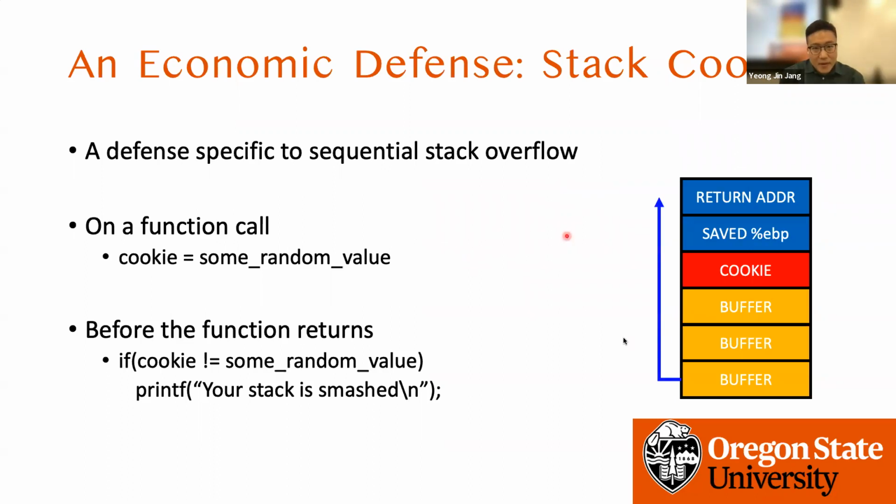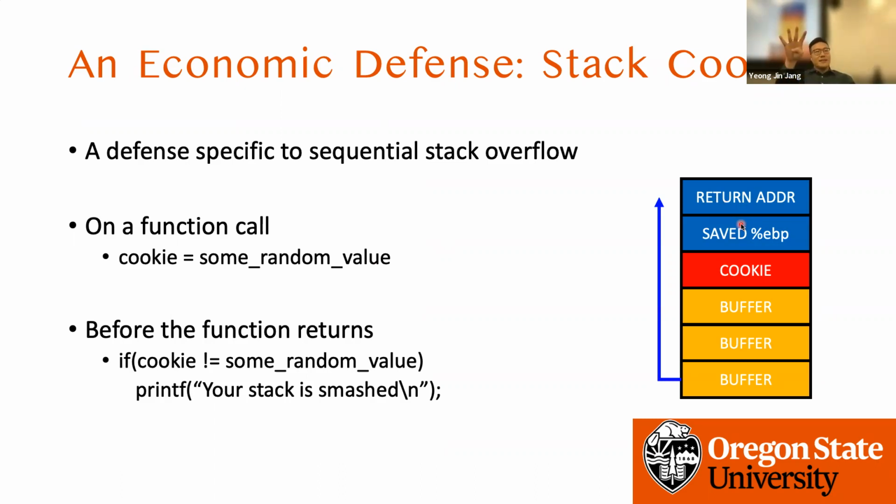What it does is allocate the buffer, but at the end of the local variable region, right before the control data, including the saved EBP and the return address, we put a random value at the function call. After storing the return address and the saved EBP, we put the random value.